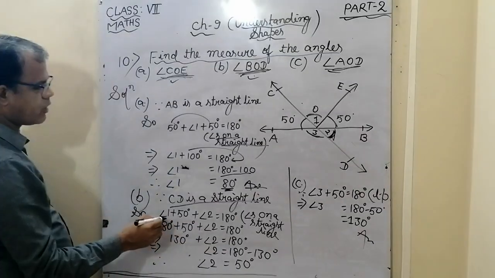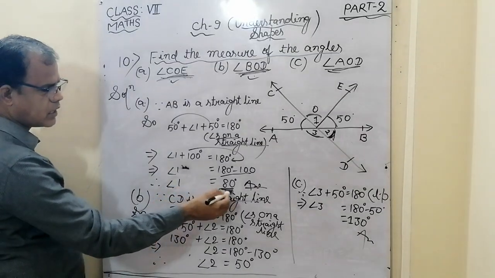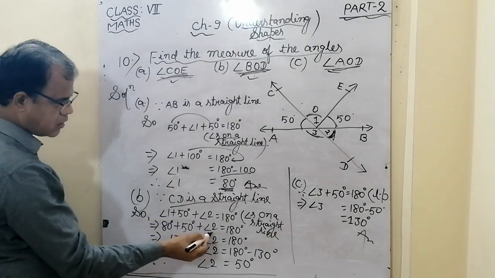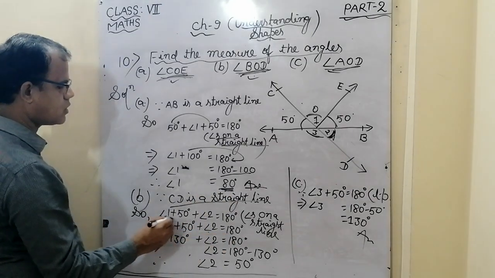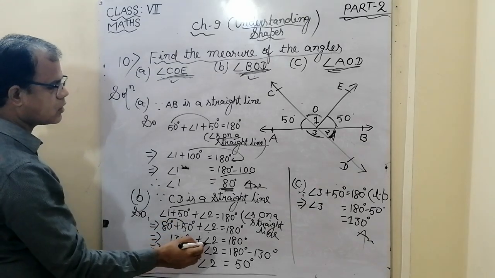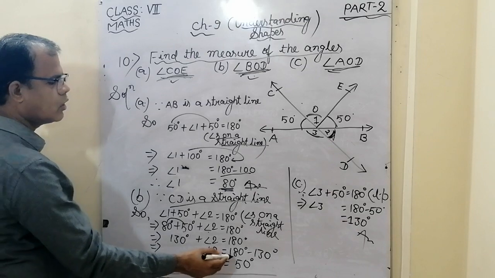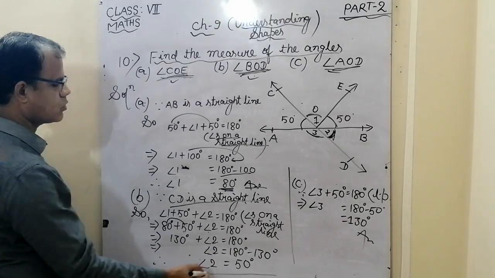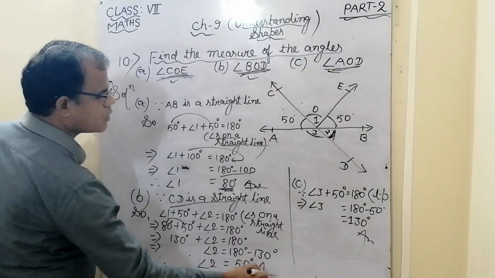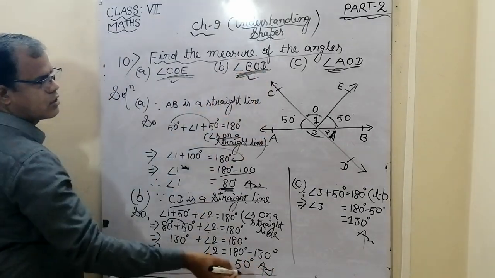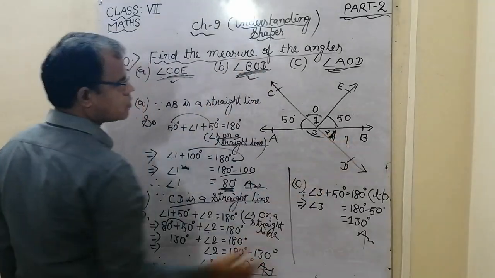We put the value of angle 1, which is 80 degrees, plus 50 degrees plus angle 2 equals 180 degrees. 80 plus 50 is 130 degrees, plus angle 2 equals 180 degrees. So angle 2 equals 180 minus 130, so angle 2 is 50 degrees. So angle 2 means angle BOD. So we have found this angle also.